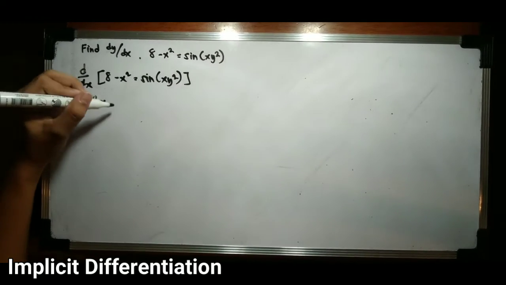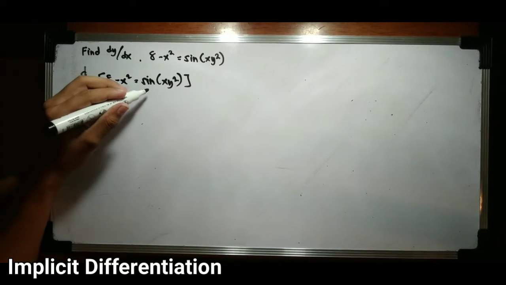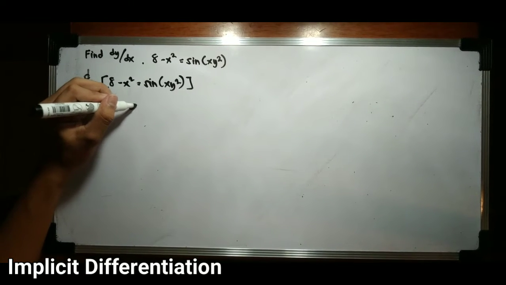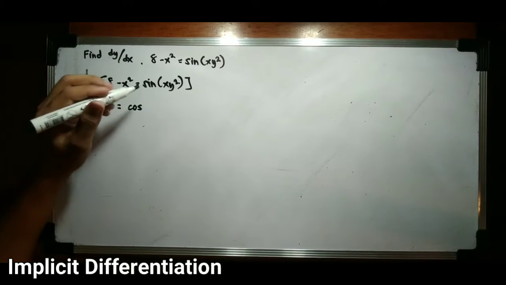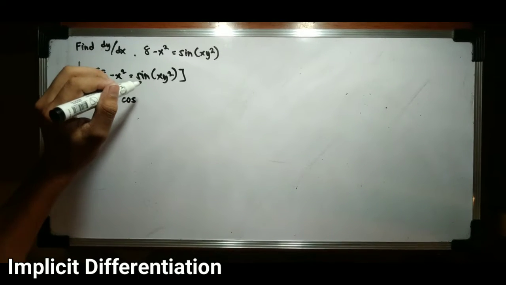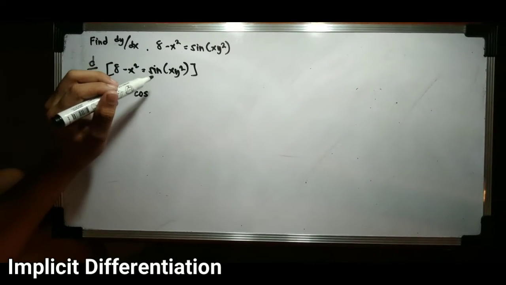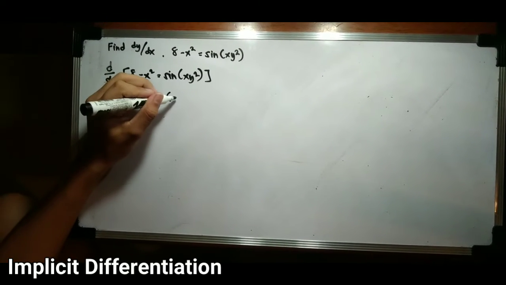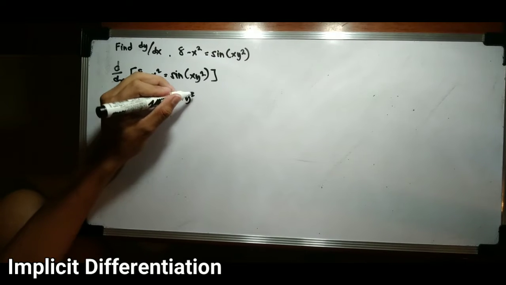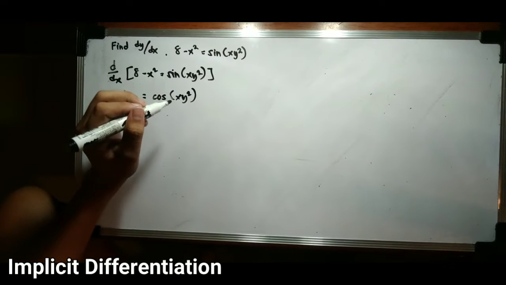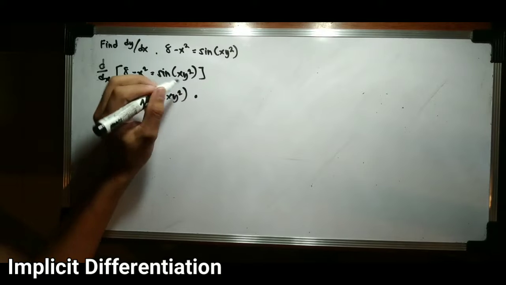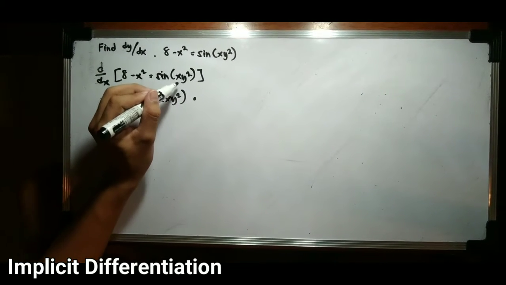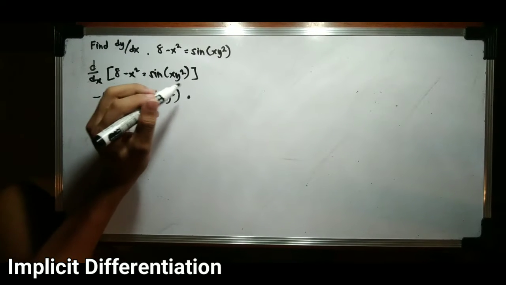This is equal to the derivative of sine, which is cosine. We will apply chain rule. That is why we get the derivative of the outside part first, then copy the inside part of the function, xy squared. Then let's multiply the derivative of the inside part of the function, and we will apply product rule.